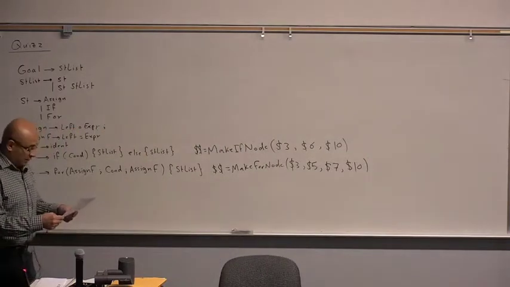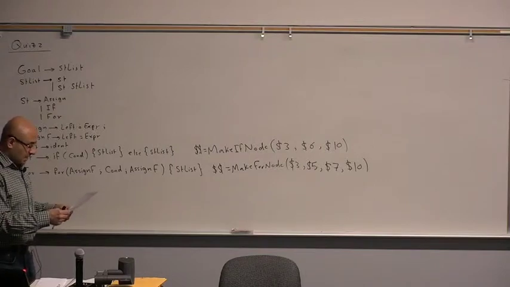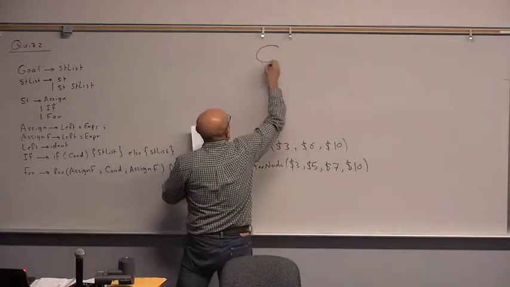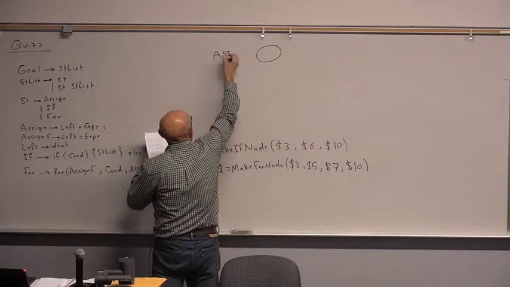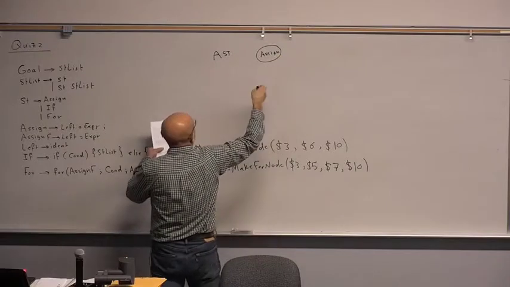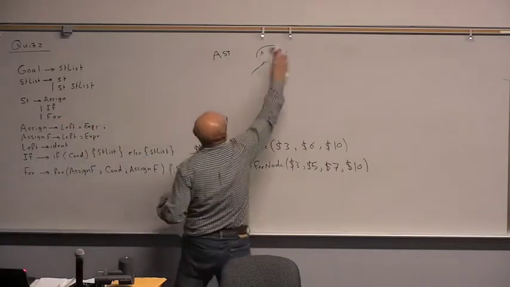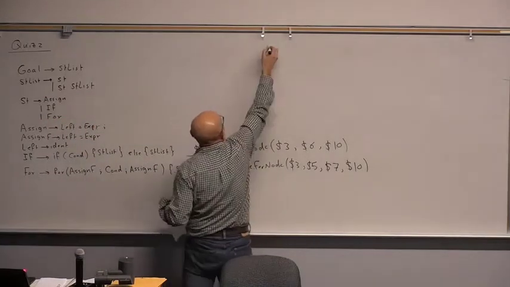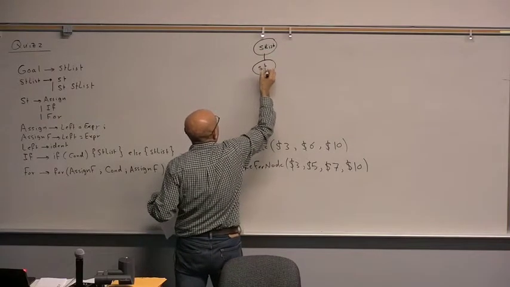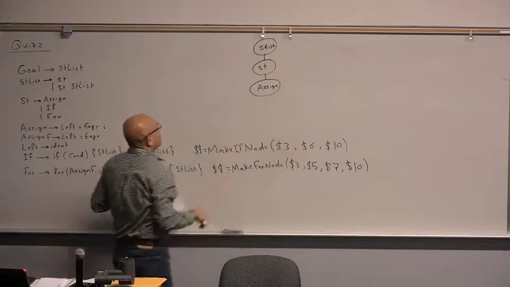Okay, so this is for number 1. The parse tree here is going to be straightforward, and the abstract syntax tree. So you have an assignment, and you can have an assignment as a statement and the statement list. That really depends on your data structures.